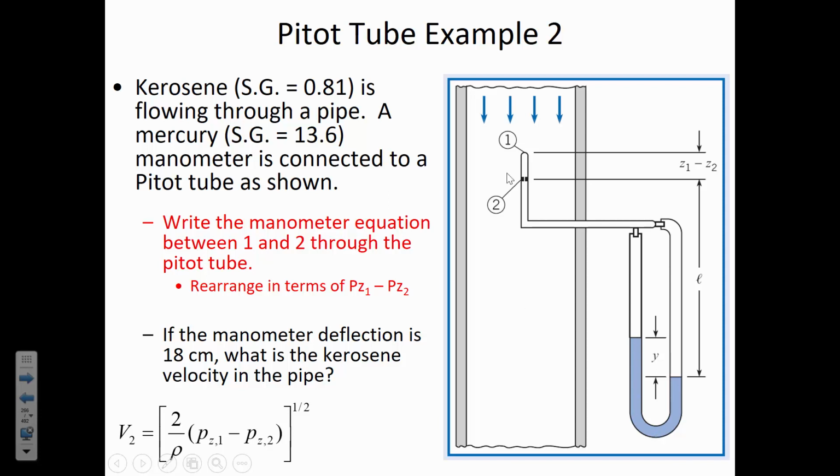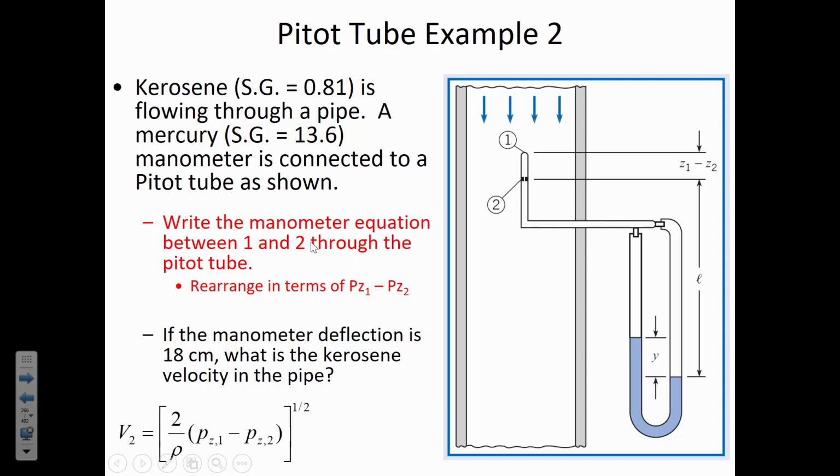And so say P1 plus, and then the distance will be Z1 minus Z2 of kerosene. Then you're going plus L multiplied by gamma of kerosene, and so on and so forth, minus for when you're going up through the fluid, and then is equal to P2.